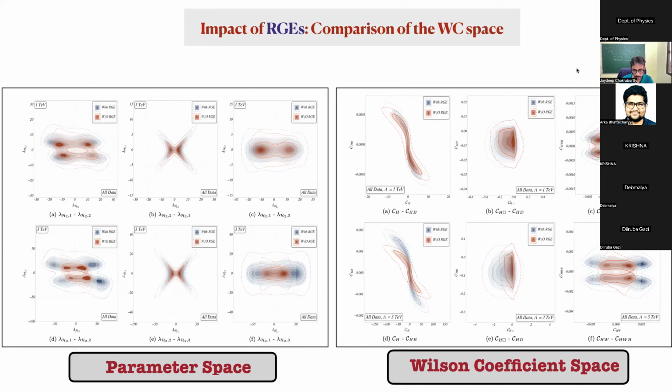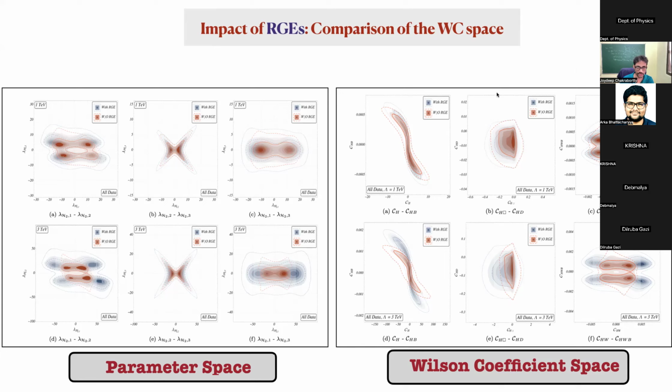So for now, till date, we have the dimension 6 anomalous dimension matrix computed up to one loop. Many groups, including us, are computing the 2-loop anomalous dimension matrix, but it is yet to be done completely. So now, if you have the 1-loop anomalous dimension matrix, using that you can run only those operators which are generated at the tree level. This has nothing to do with the effective field theory; this is the order by order matching from quantum field theory. If you generate any operator at 1 loop, you need a 2-loop anomalous dimension matrix to run them down, and so on.